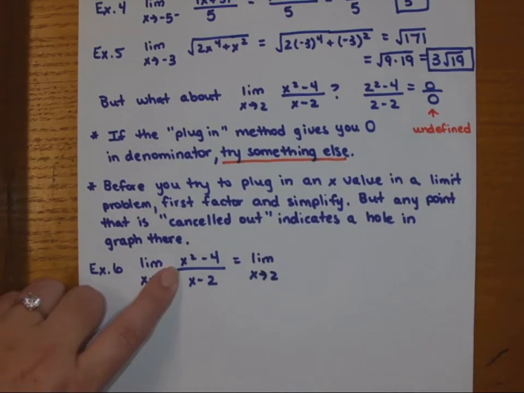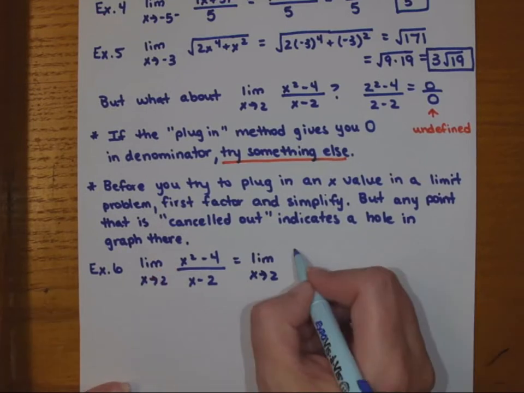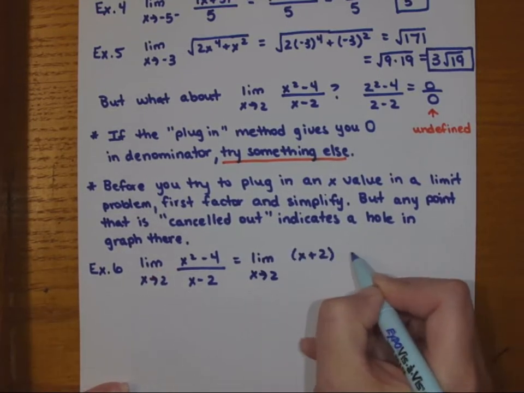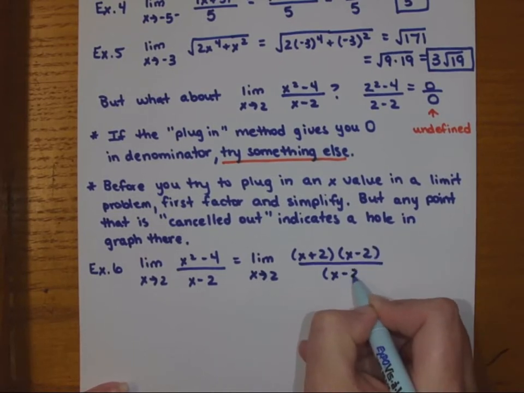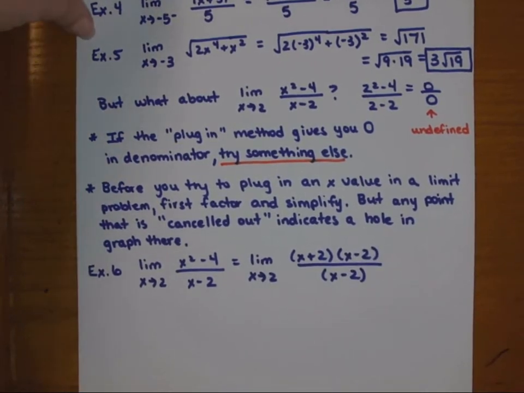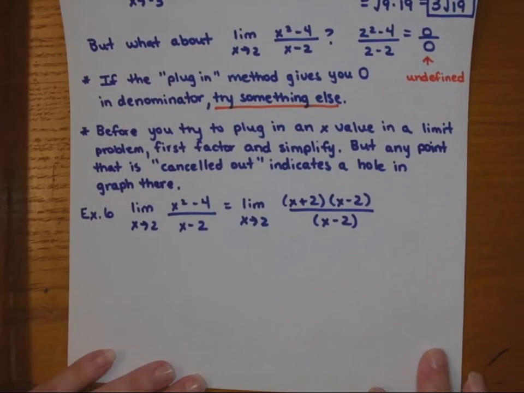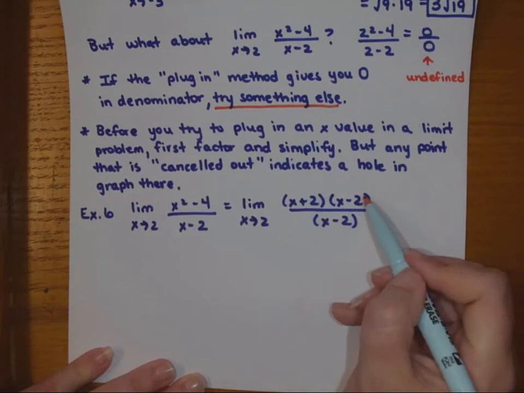Now this is one of those special case factoring problems that we talked about in the review lecture. This is a difference of 2 squares, so it factors into x plus 2 times x minus 2. Notice the bottom stays the same. But notice we have some repeat factors on the top and the bottom. So I'm going to use a different color.